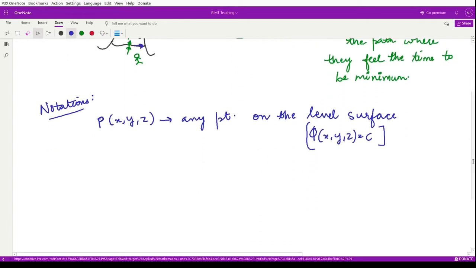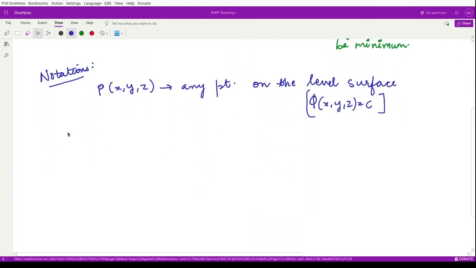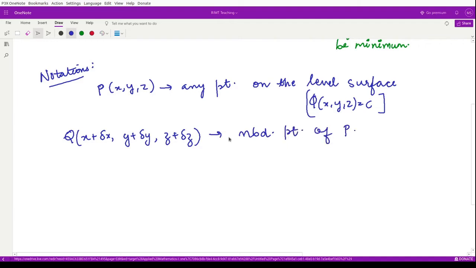Corresponding to this point P, I have another point Q of x plus del x, y plus del y, z plus del z. This is some other neighboring point of P. That means we have some small displacement in x, some in y, and some in z.